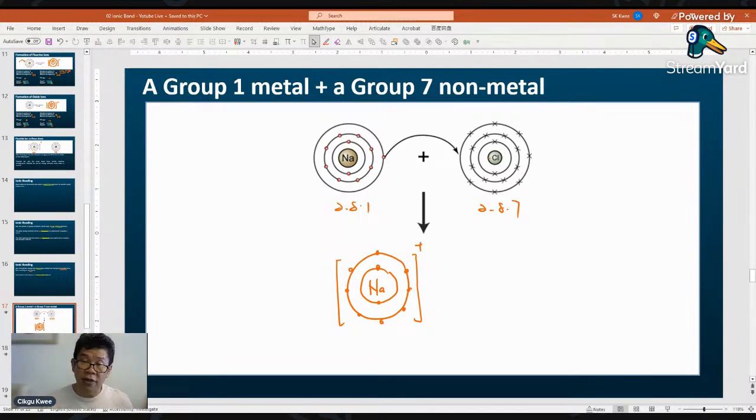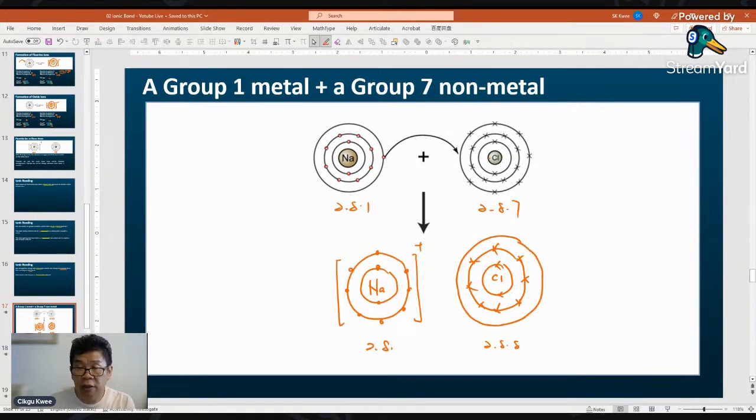The chlorine received the electron, so its arrangement will be 2, 8, 8. So we have 2 electrons in the first shell, 8 electrons in the second shell, and then the third shell also has 8 electrons.